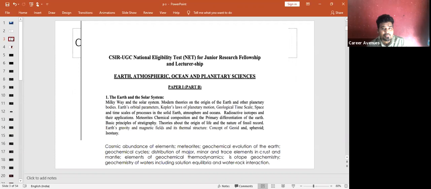Now if you see the numericals, we have some numericals based on planetary sciences. The first one is based on Kepler's law. It is there in every exam except GSI.